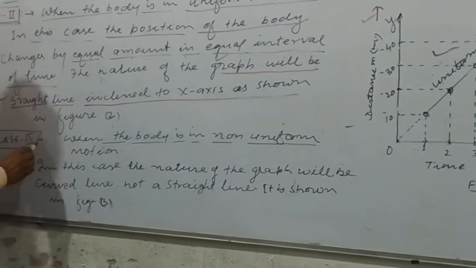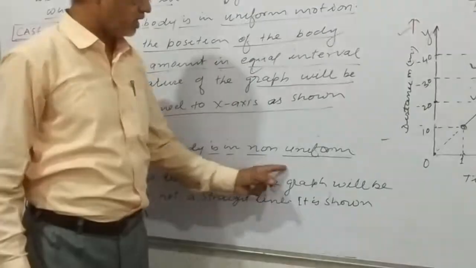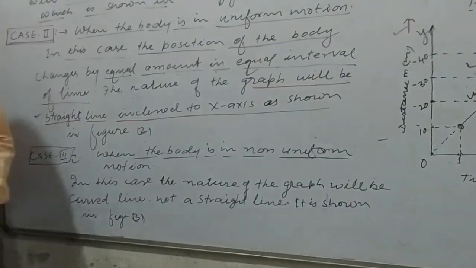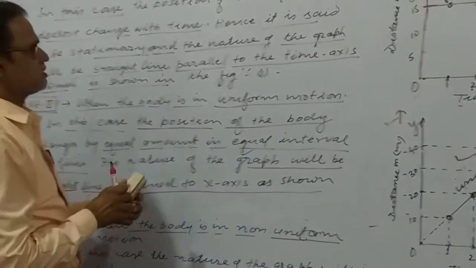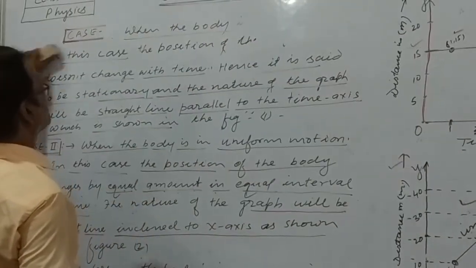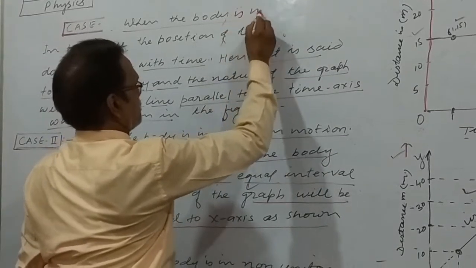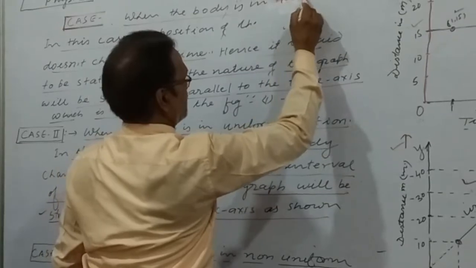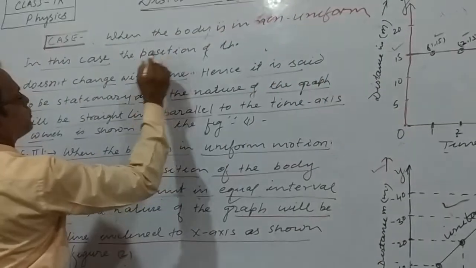Now, third case क्या है? Third case है when the body is in non-uniform motion. Understanding? Let us discuss the third case, when the body is in non-uniform motion.